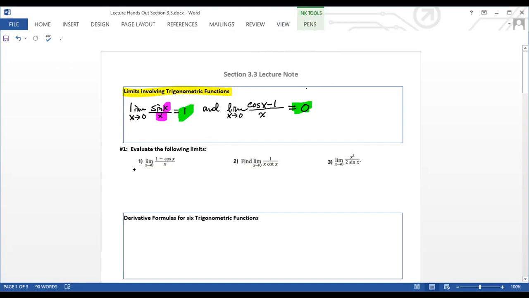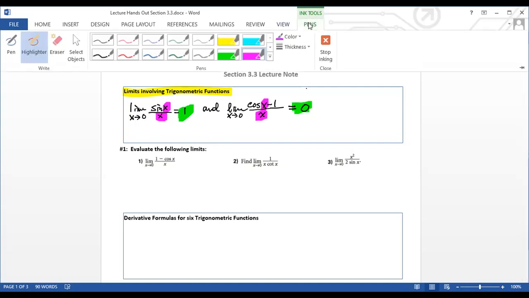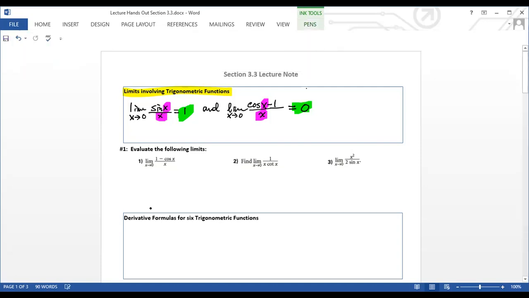Also here, the x in the numerator and denominator have to match. Now let's take a look. The first one is the limit as x approaches 0 of 1 minus cosine x over x.